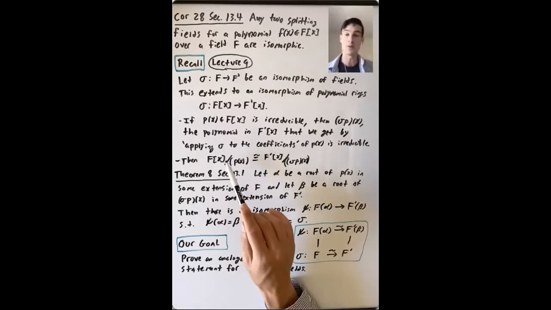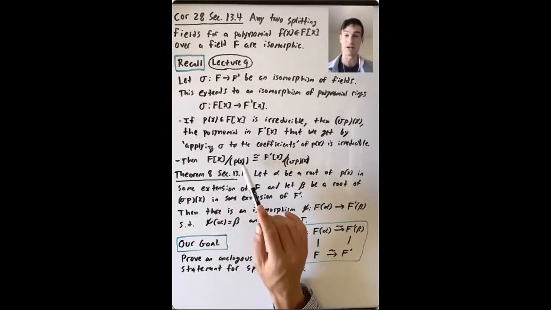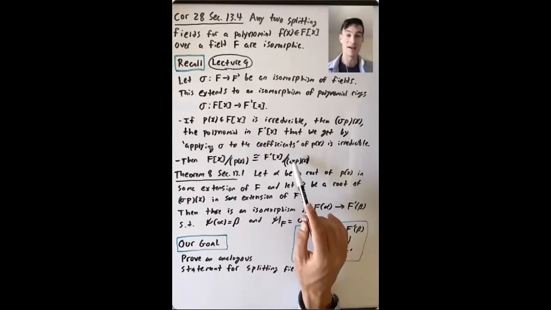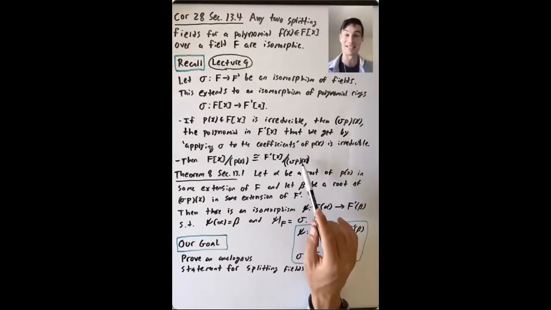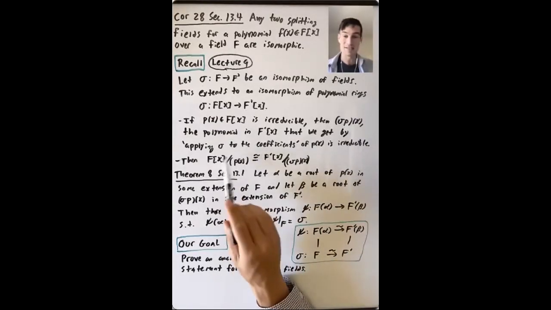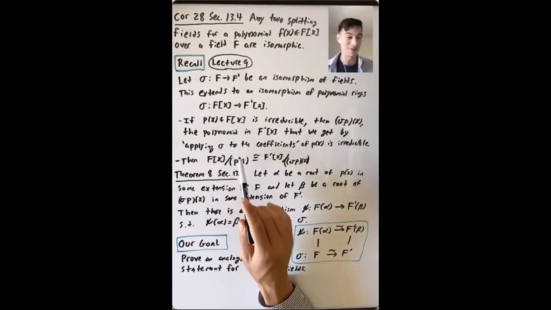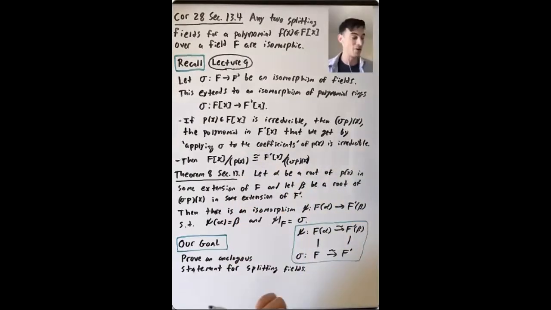And we saw that the quotient of F[x] by the ideal generated by p of x is isomorphic to the quotient of F'[x] by the ideal generated by sigma of p. So we know something about quotients of polynomial rings by maximal ideals generated by irreducible polynomials.